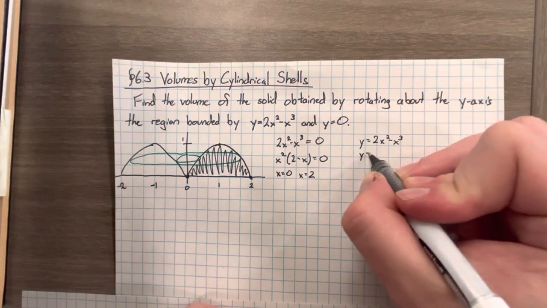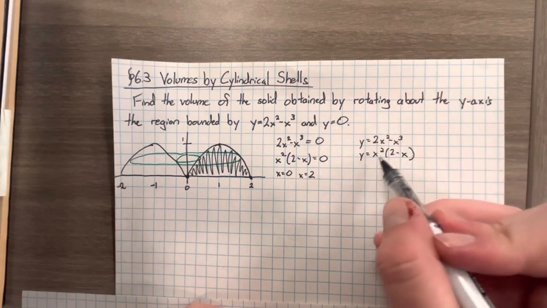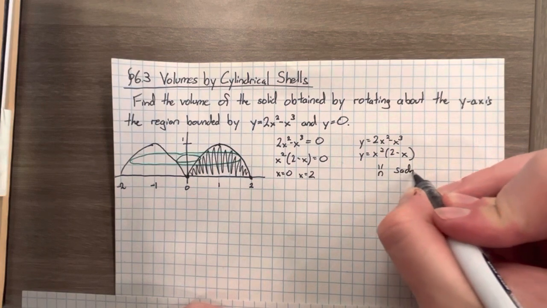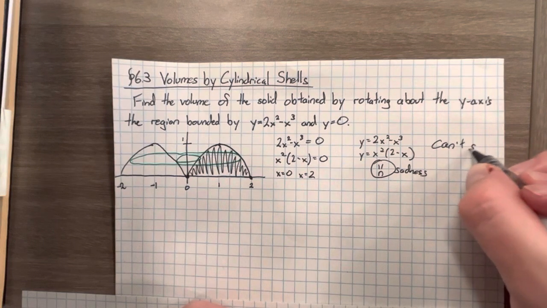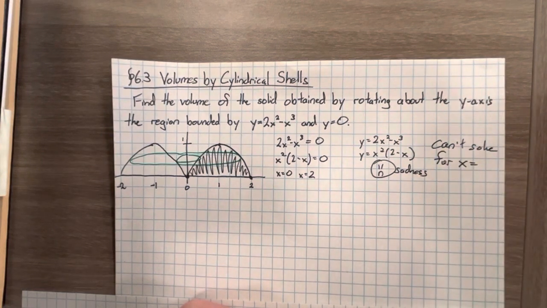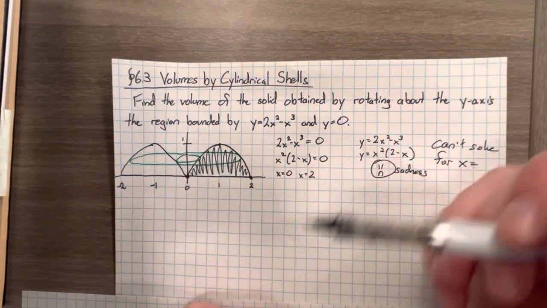Maybe you factor out your x squared here. And there's no good way. This is just kind of sadness. We can't solve for x here. It's just not possible.